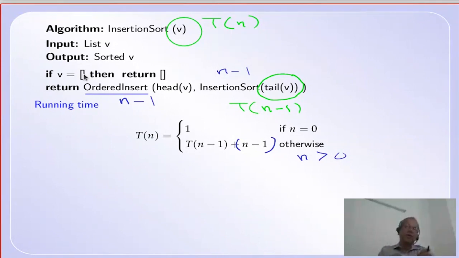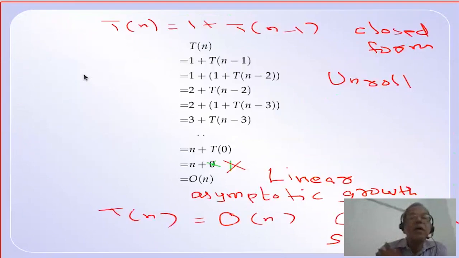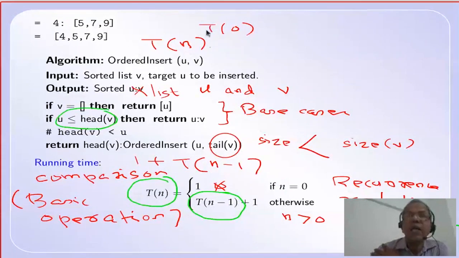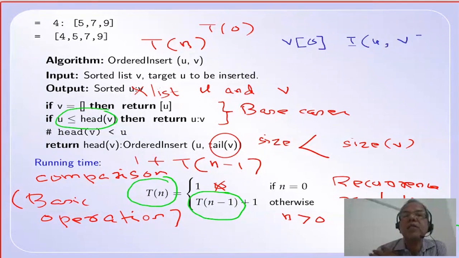Okay. Remember, your Python list is both a list and an array. For example, in Python, this head of B ordered would be written as V at 0, and then this is ordered insert U into V at 1 to end.